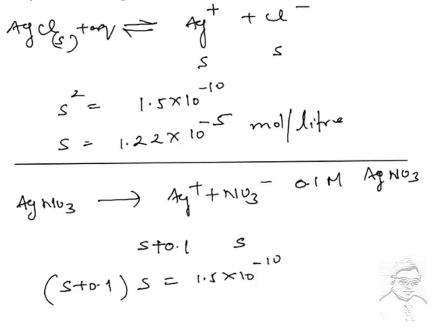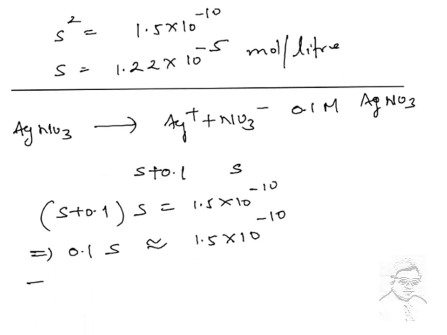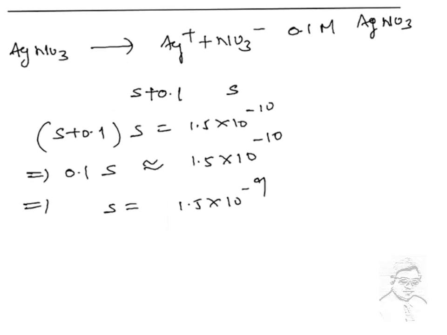Neglecting S with respect to 0.1, 0.1 S is approximately equal to 1.5 into 10 to the power minus 10. Now look at that, 10 to the power minus 9. So from 10 to the power minus 5, it becomes 10 to the power minus 9. That's becoming really very small.